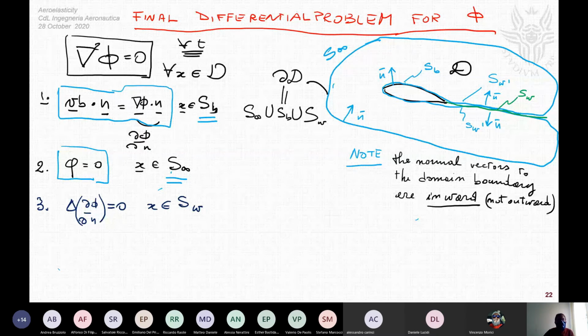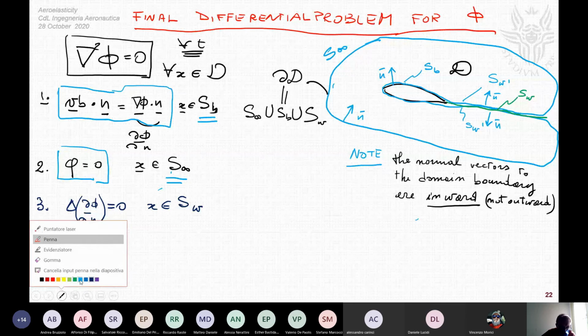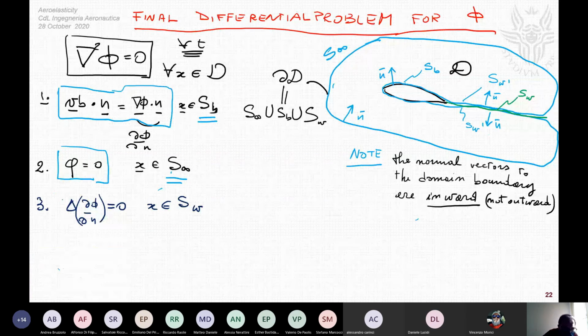And what does it mean? No fluid penetration through the wake, okay? So this is the third boundary condition on the wake surface.